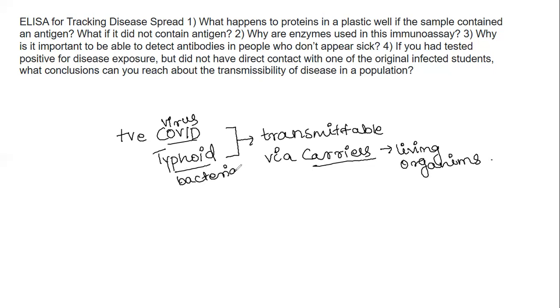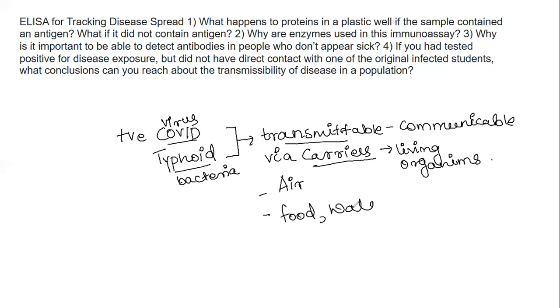So by this, we get to know that these diseases are transmittable or communicable diseases, which can spread via carriers and also via mediums like air. Typhoid can spread via contaminated food, water, fecal matter, etc.